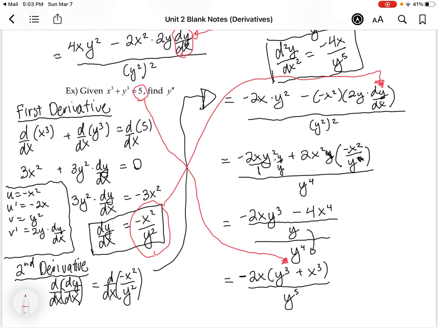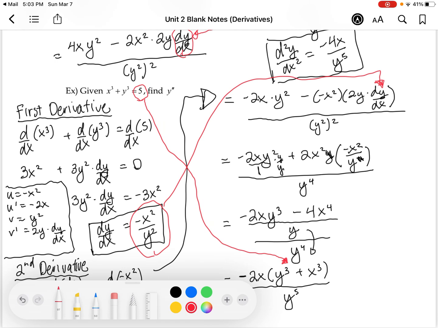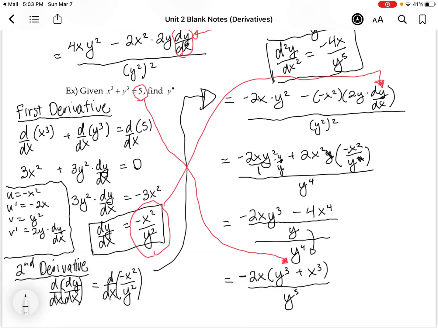I can sub in a 5, and that's going to make things a lot nicer. So equals negative 2x times 5 over y to the 5. All together, d squared y by dx squared, the second derivative, equals negative 10x over y to the 5.